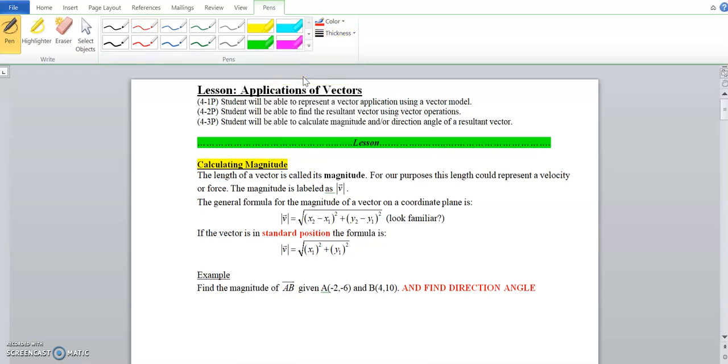What we talked about was the general formula for finding magnitude, which is just how long the vector is, its hypotenuse. We decided that this equation, x2 minus x1 squared plus y2 minus y1 squared, is the distance formula.